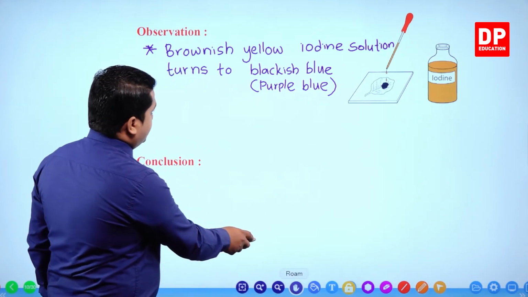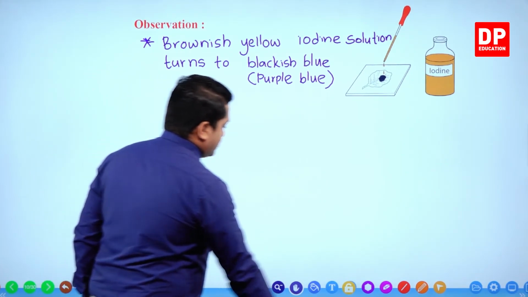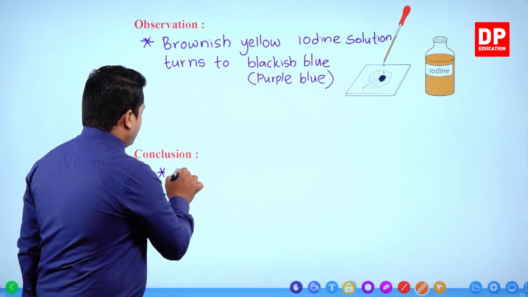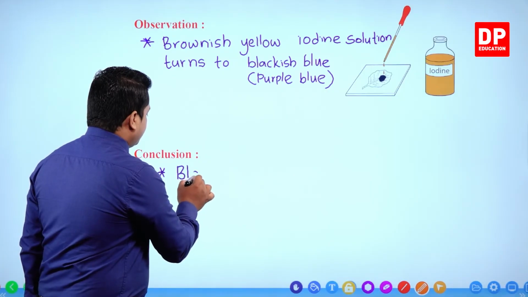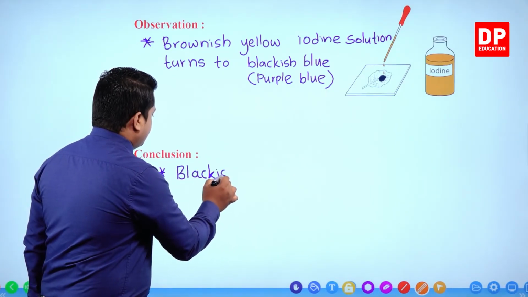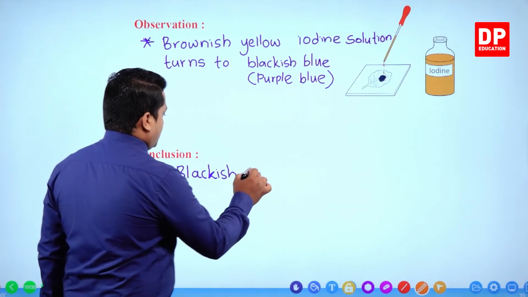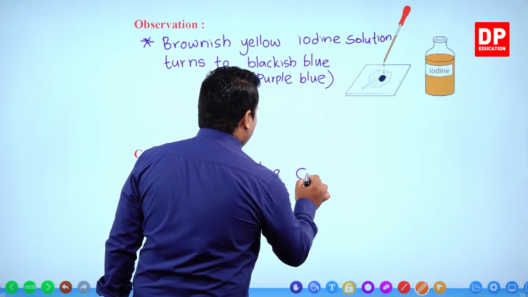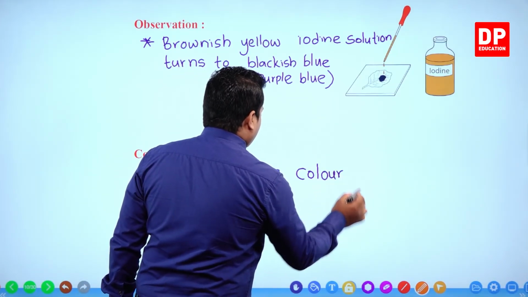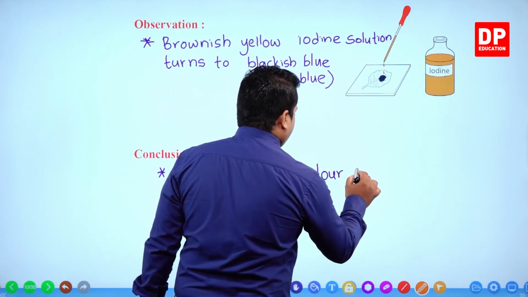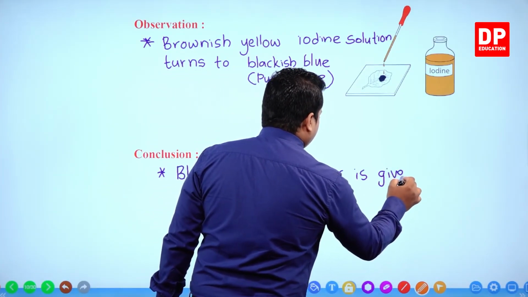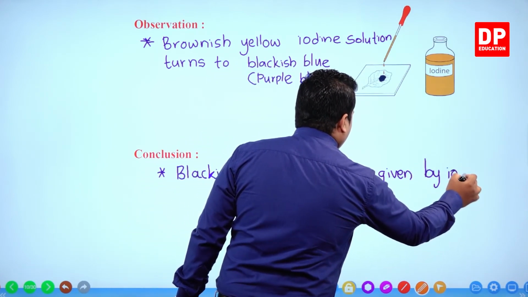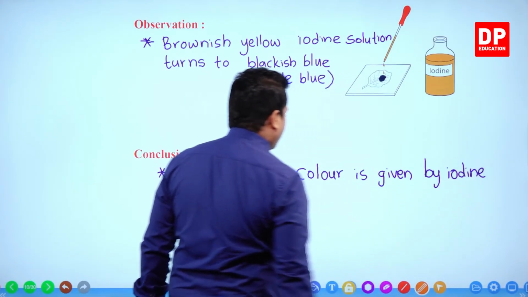So what is the conclusion that we can take from this activity? So conclusion is very simple, my dear children. Blackish blue color is given by iodine, right?